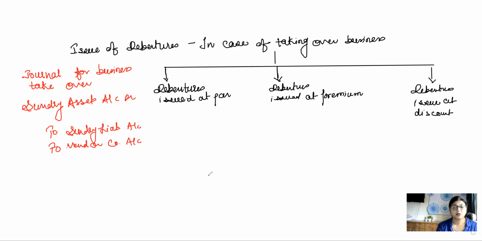Fine. Now, in most of the cases, it will happen that your debit side and credit side will not match. So here, the concept of class 11th will come. If the balancing figure is coming on the debit side, it will be considered to be goodwill.